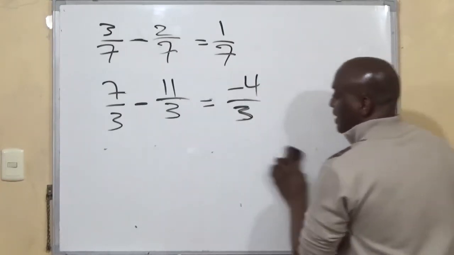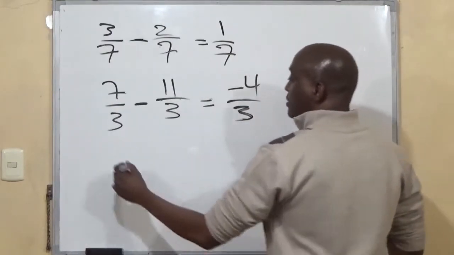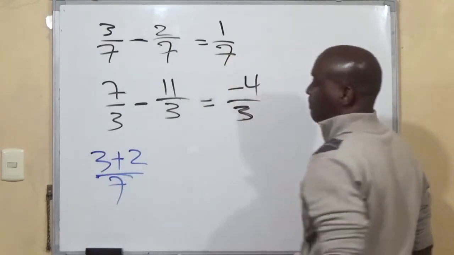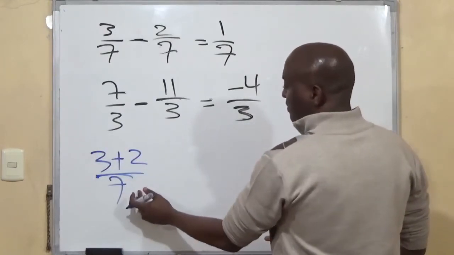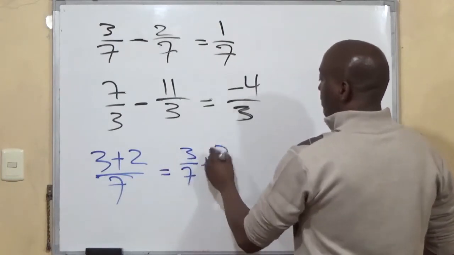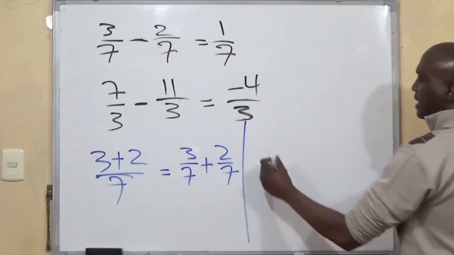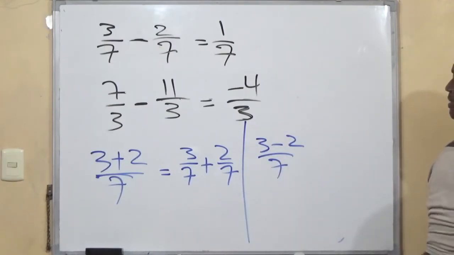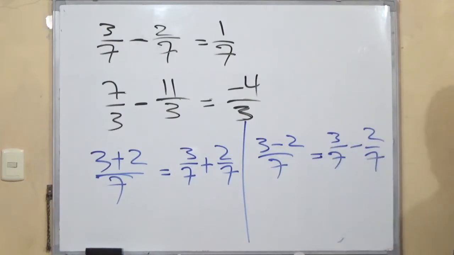If you start out with 3 plus 2 over 7, you have to be able to do the reverse and say that if 3 plus 2 over 7 is the fraction that we have, then this is the same thing as 3 over 7 plus 2 over 7. And by the same token, if you start off with 3 minus 2 over 7, you have to be able to recognize that that is the same thing as 3 over 7 minus 2 over 7.